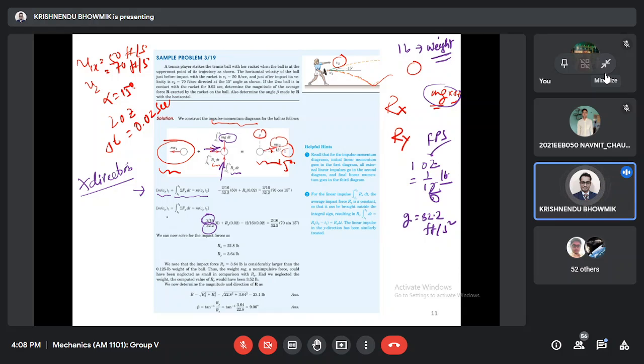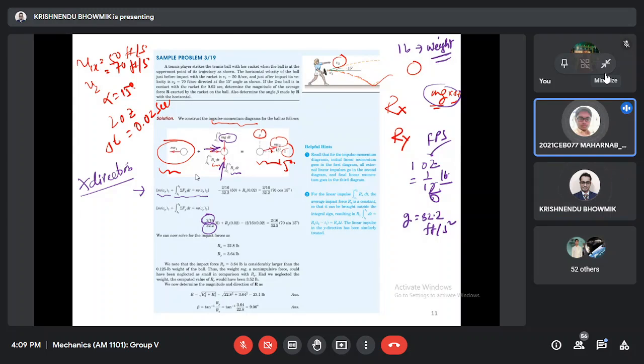So this is the mass we have written here, multiplied by what? Velocity. What is the initial velocity in the horizontal direction? The horizontal, sir, 50, sir, 50. It is 50.